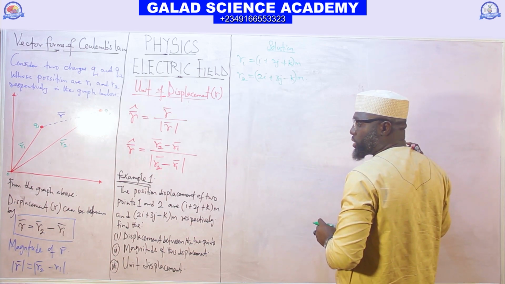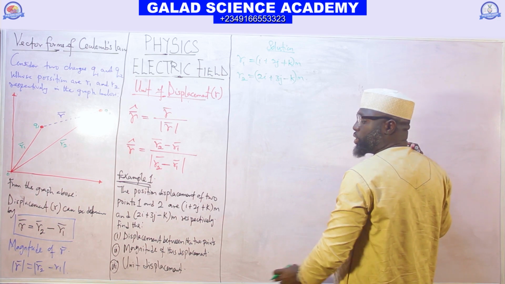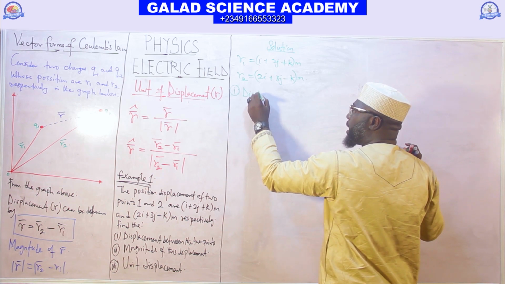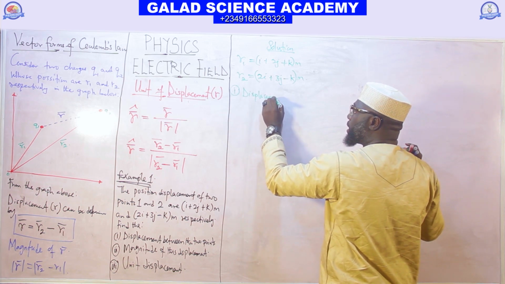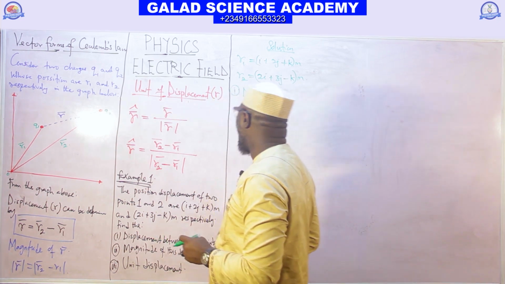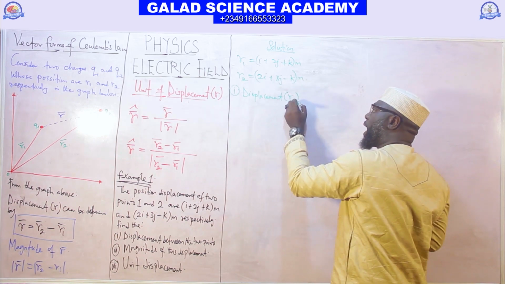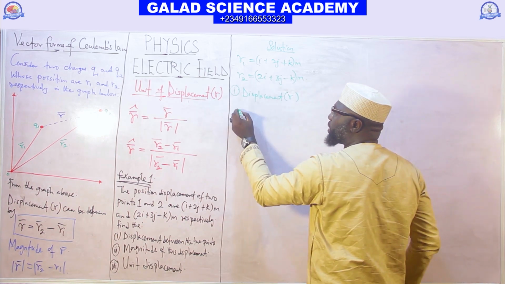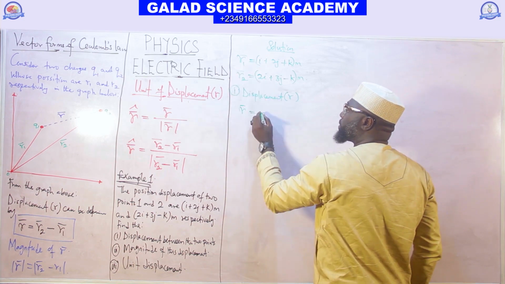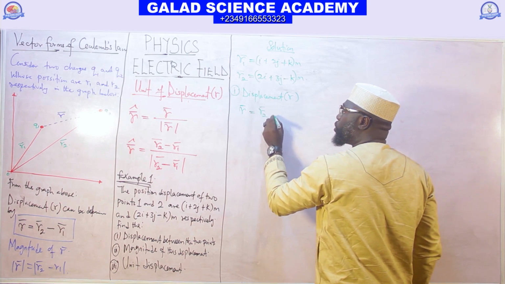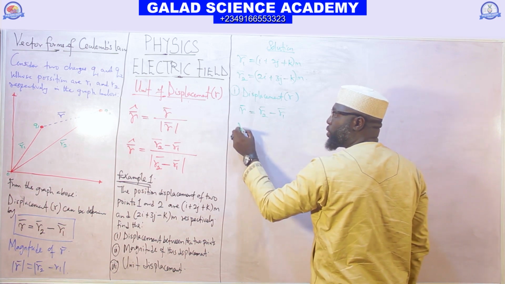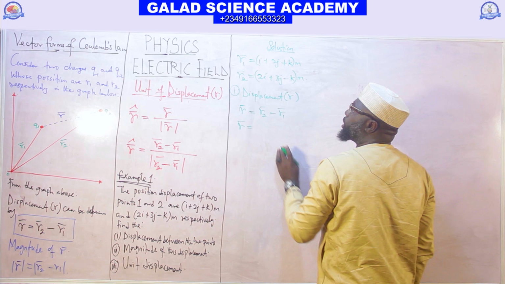In question number 1, you are asked to find the displacement. I told you that the displacement between the two points is what we call R. The formula for displacement is vector R equals vector R2 minus vector R1.